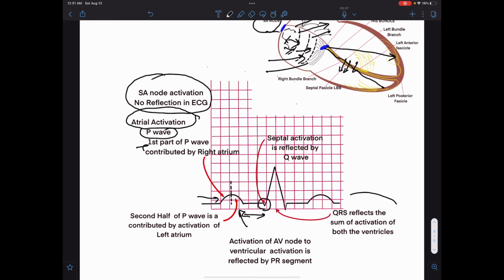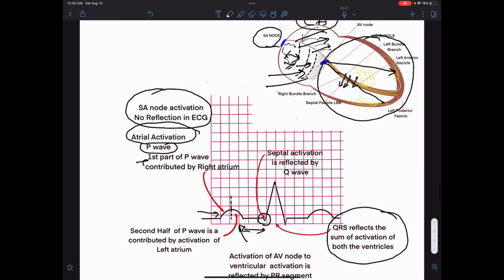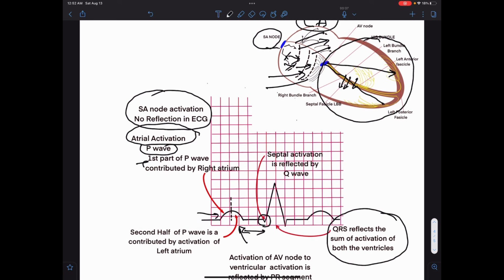The QRS reflects the sum of activation of both the ventricles. So, the activation of some parts is reflected by waves and the other parts are not reflected by any waves but only by the isoelectric segments.